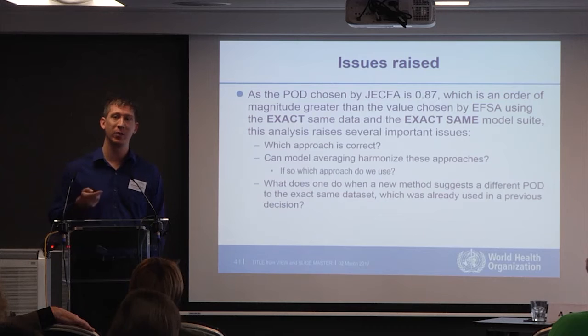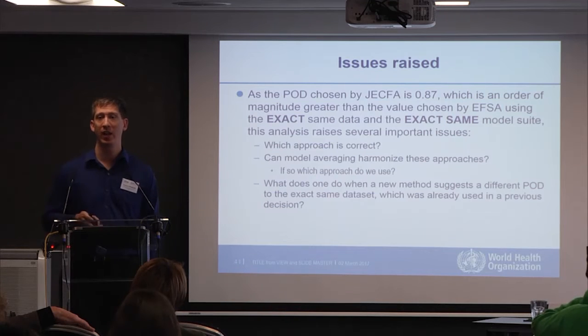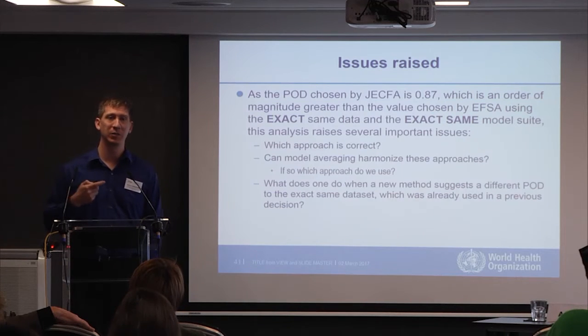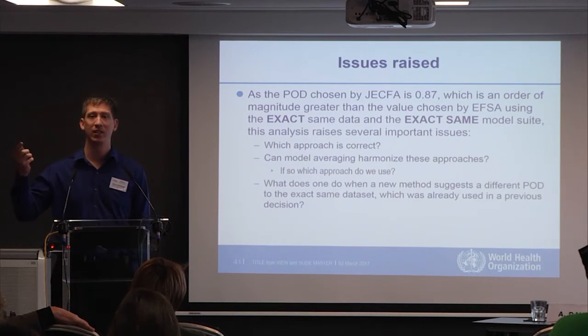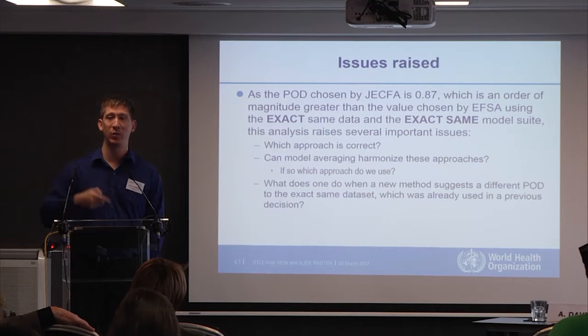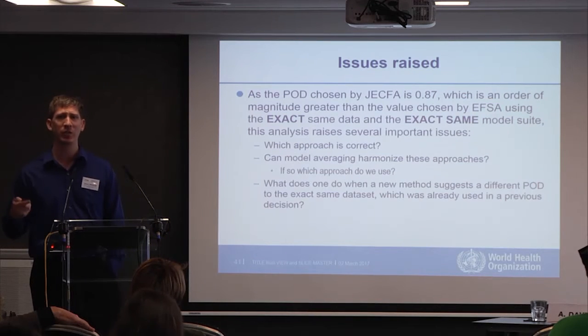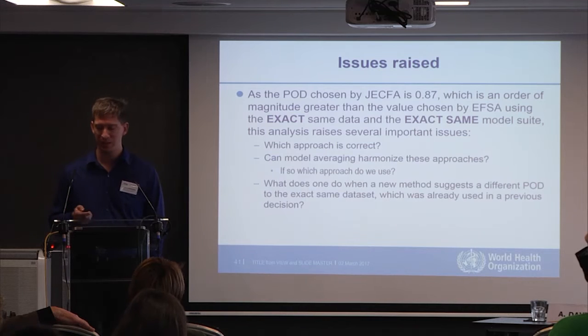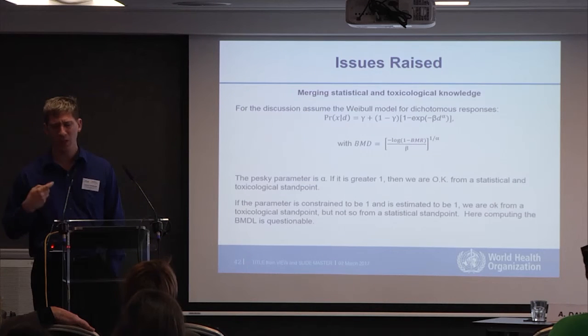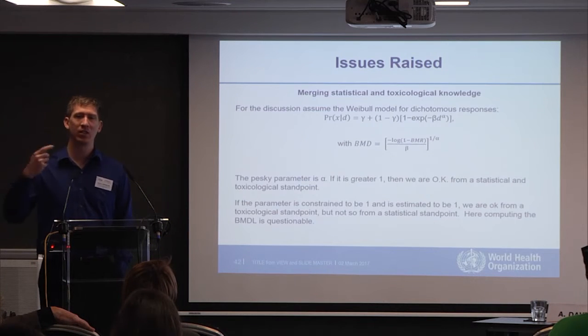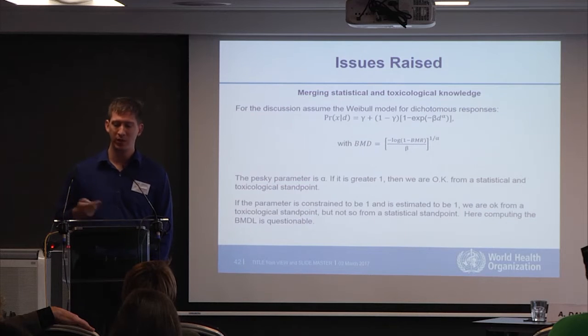This was already given a previous decision based on the NOAEL that actually, it was strange that we raised the recommended guidance from what the previous decision was based upon the method. So there were a lot of issues raised and a lot of issues that have to be discussed. So the statistical and toxicological knowledge, merging them.